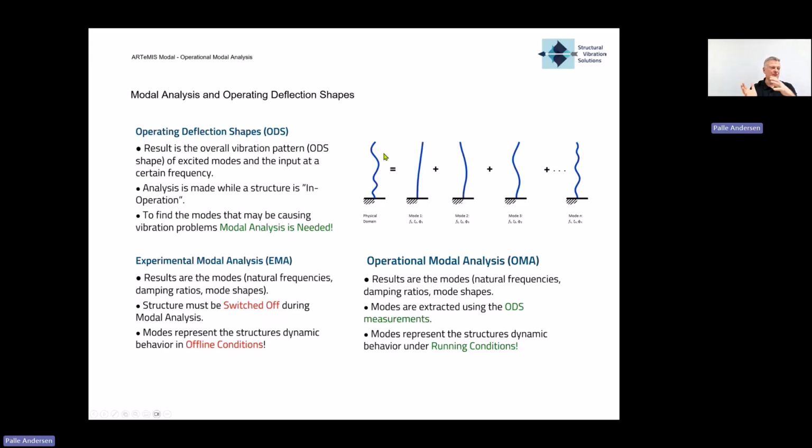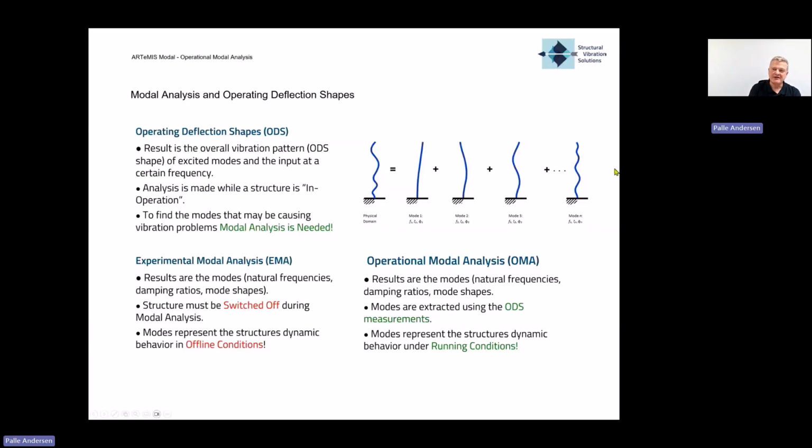How did my structure move? What type of displacements did I have during a certain time of my measurement? Then it will be time domain operating deflection shape analysis I will be doing. So in both cases, I'm studying the physical domain representation, which is the raw measurements that we can obtain from our data acquisition.